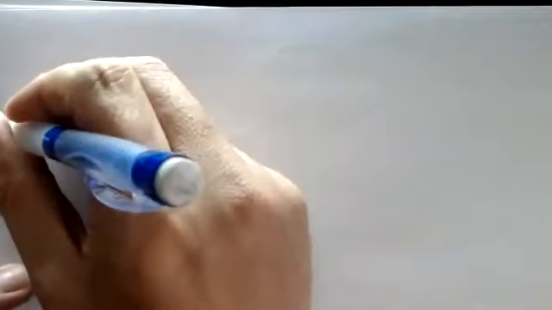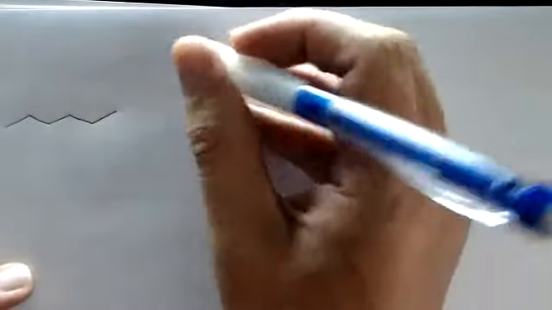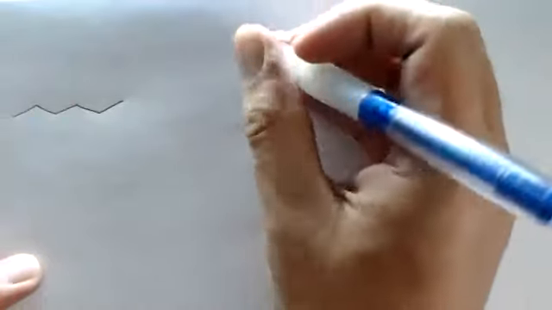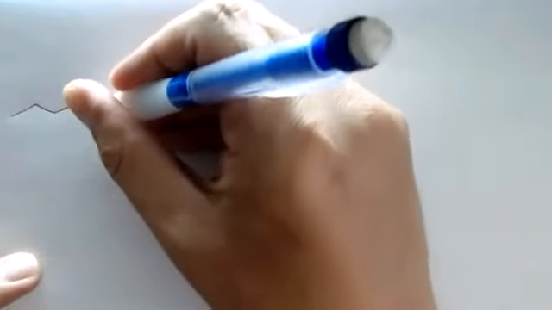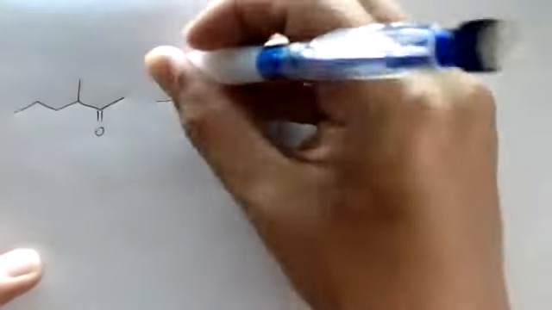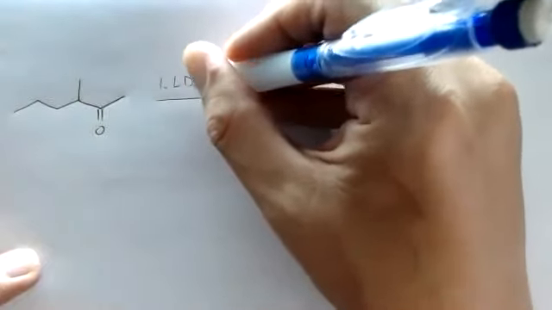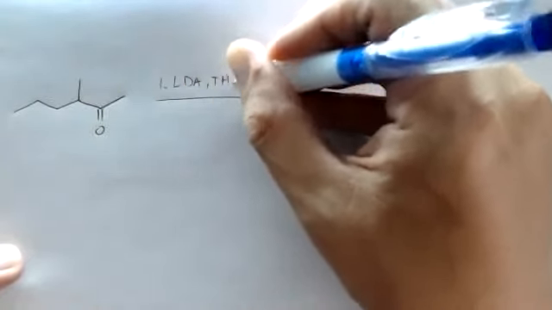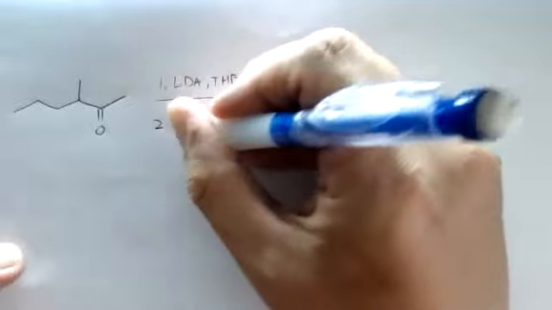All right, so we're looking at the structure that's in F. One, two. And then step 2 will be just benzaldehyde.